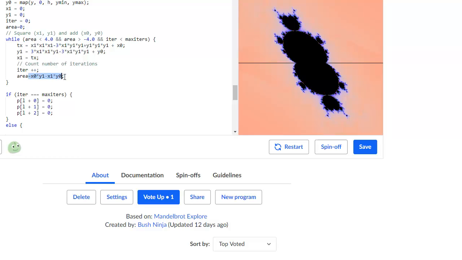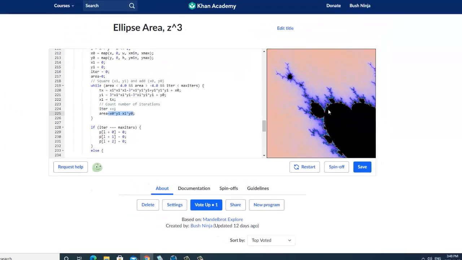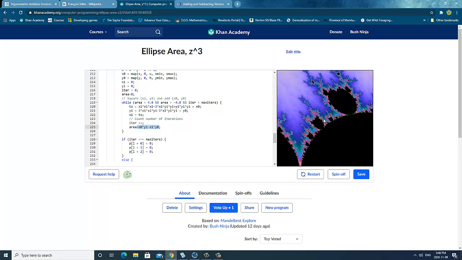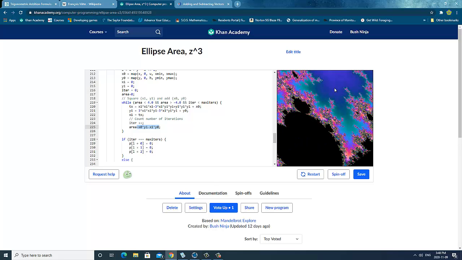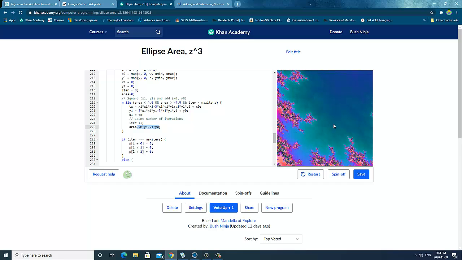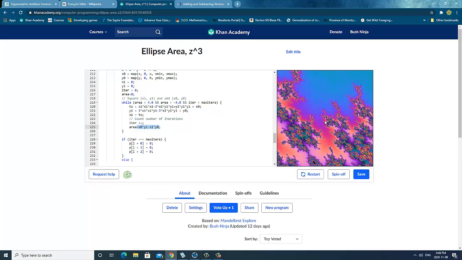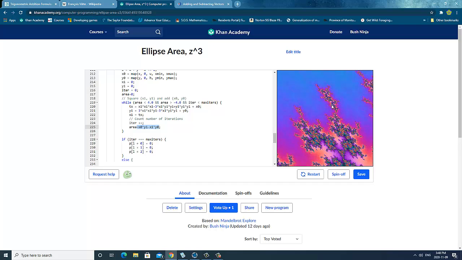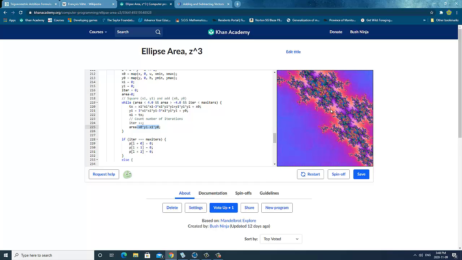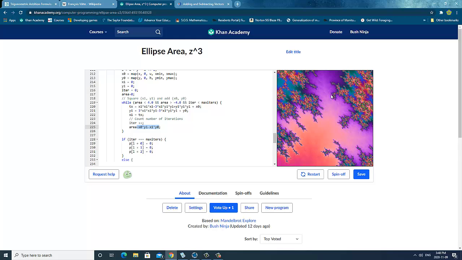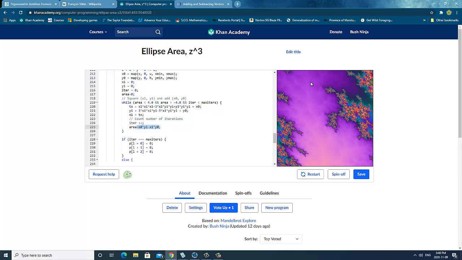I made a value area and I put it in there. Now this is a different color function. I'm not gonna comment on that. I'm just gonna let you make your own jokes. With the area, it makes these shapes.